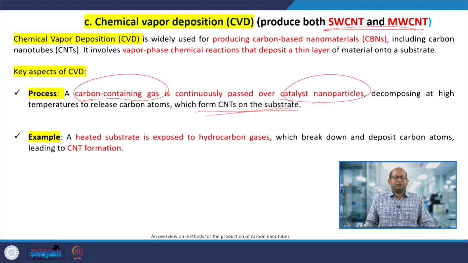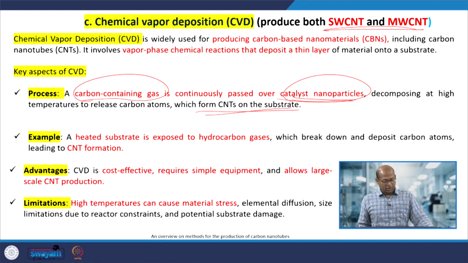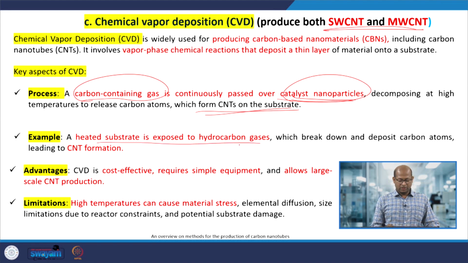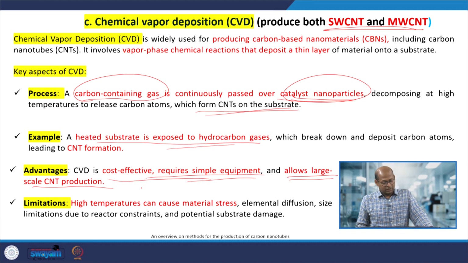That surface may be nickel, copper plates, or the catalysts that we are using. Over there the carbon nanotubes would be deposited on the hot surface, okay. And this method is very cost effective and very simple, and in this way we can prepare a large amount of CNT.